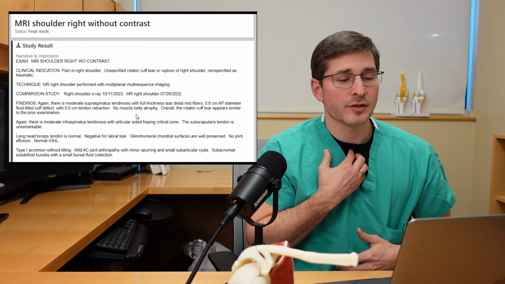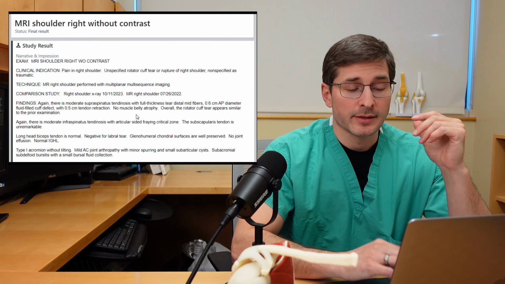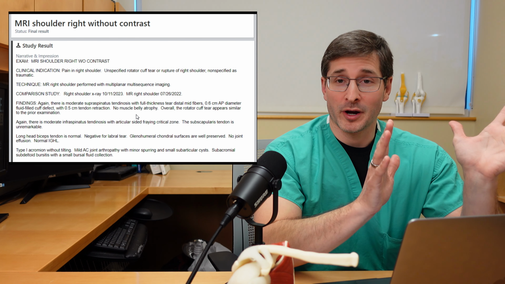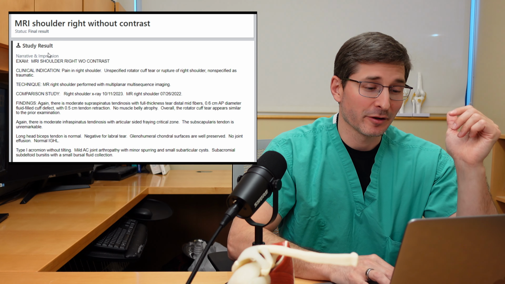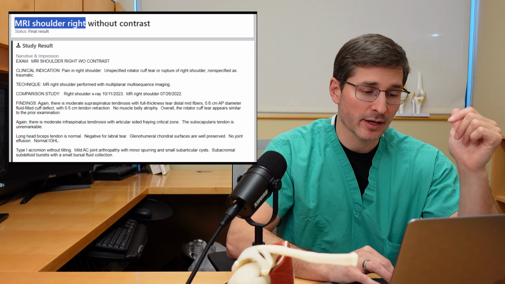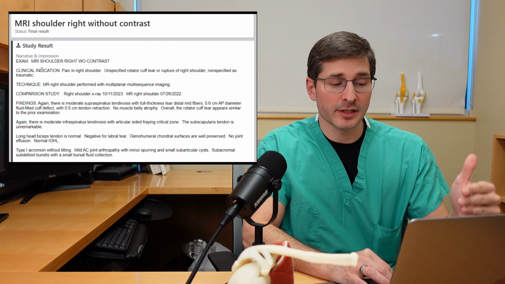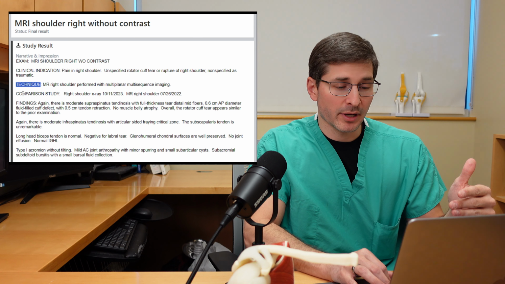All right, so we're going to start our third case, and all these shoulders are the right shoulder. That's just a coincidence, but we can see again it's an MRI of the right shoulder without contrast, and all the same things we've gone over before: the clinical indication, the technique, if there's a comparison study.